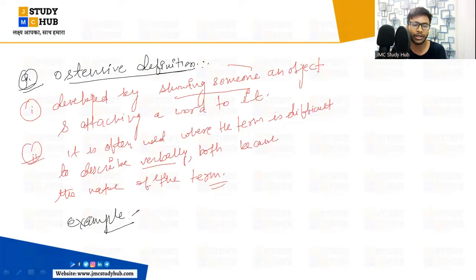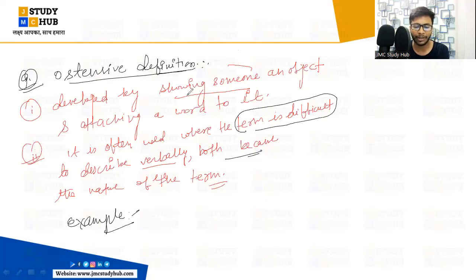It is not described verbally, because of the nature of the term, it is very difficult to describe verbally. So what could be the definitions of the ostensive, everybody?